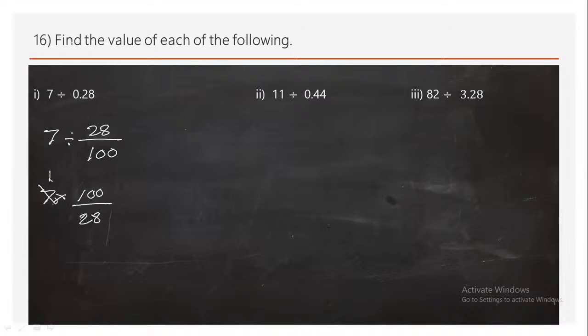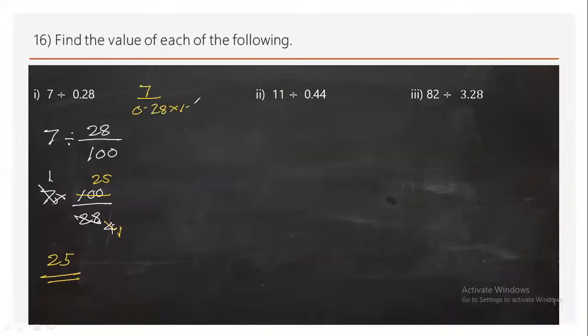How many 7's here? 1. How many 7's here? 4. Now cancel out this 100 and 4. How many 4's here? 1. How many 4's here? 25. 25 is the answer. If you prefer, you can follow this method.